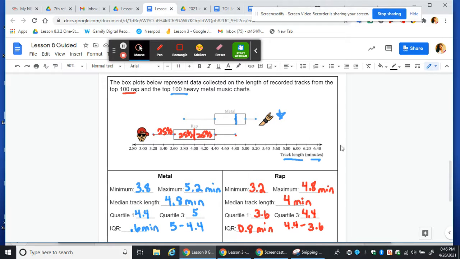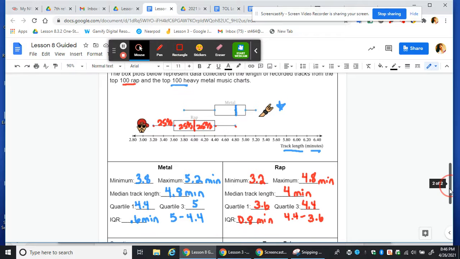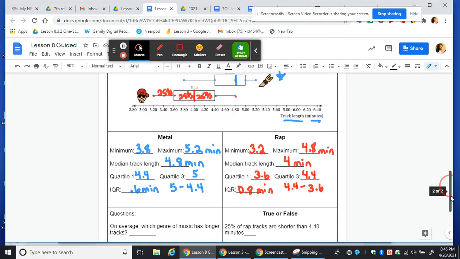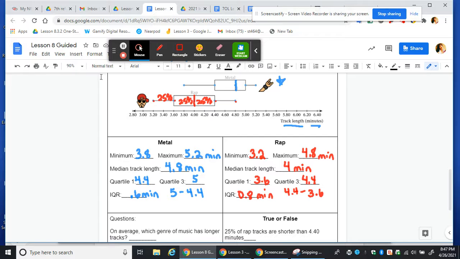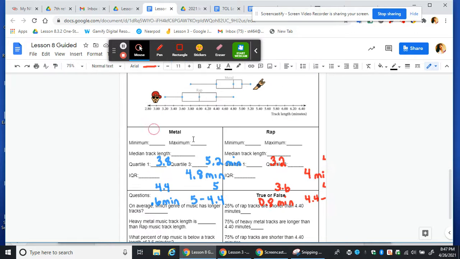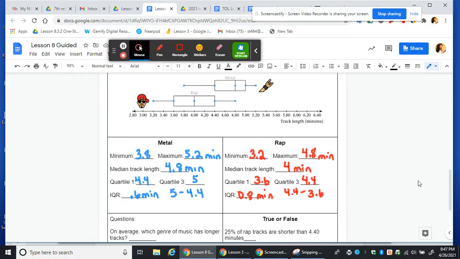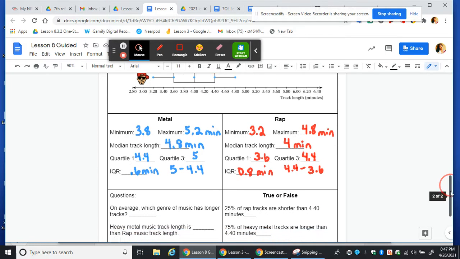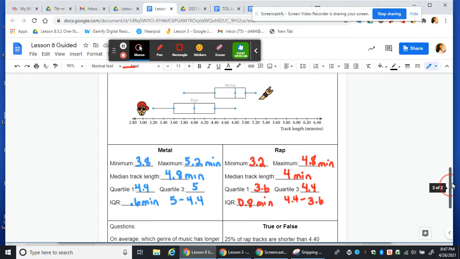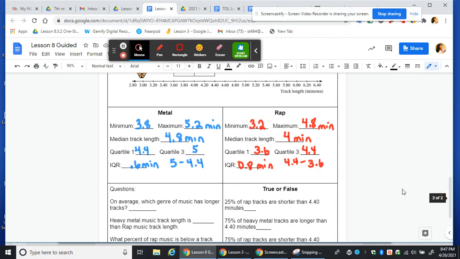Okay, so let's go ahead now and answer a few questions using the data that we've been given. Let me go ahead and minimize this a little bit. All right, some questions. On average, which genre of music has a longer track length? Just by looking at the box and whisker plot, you can see that heavy metal seems to have songs that take much longer.